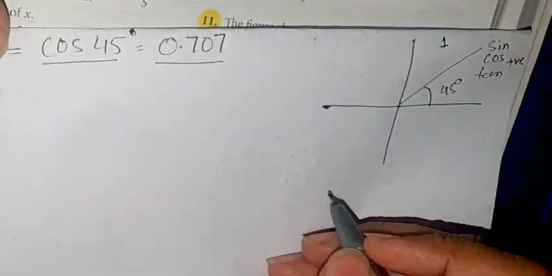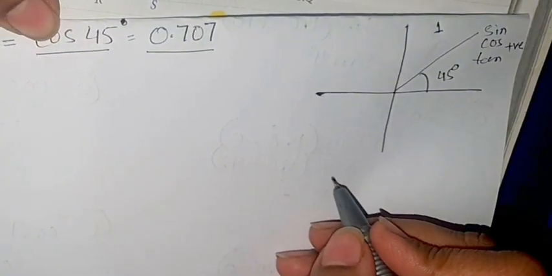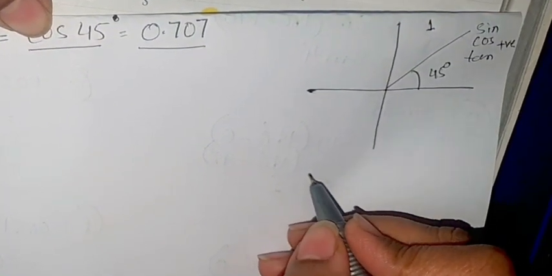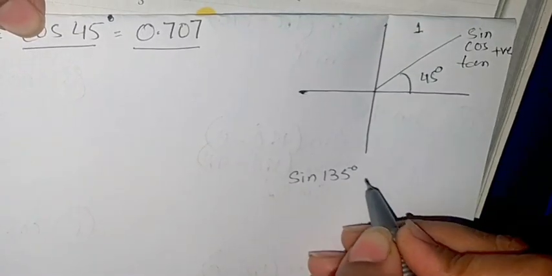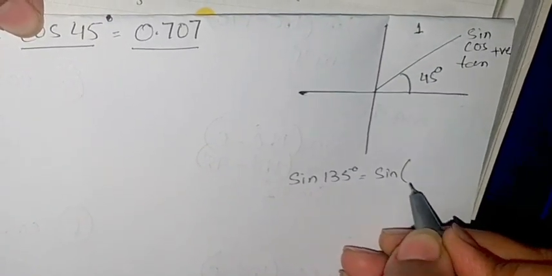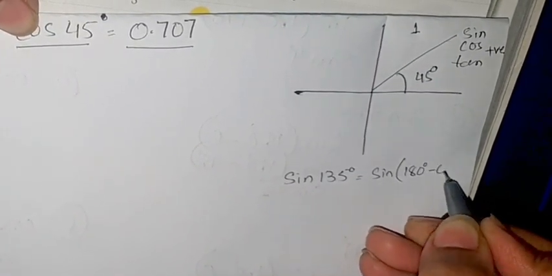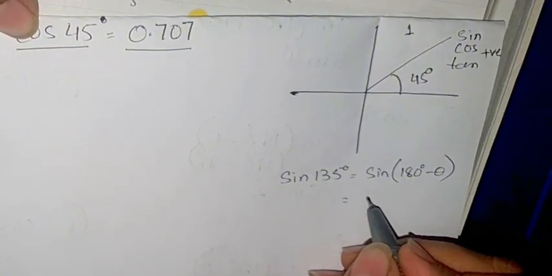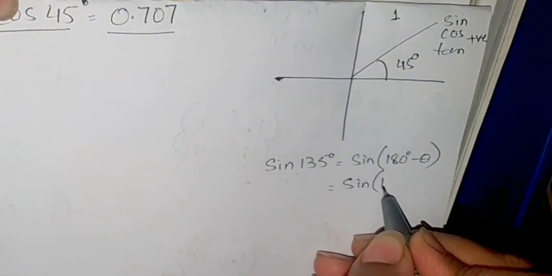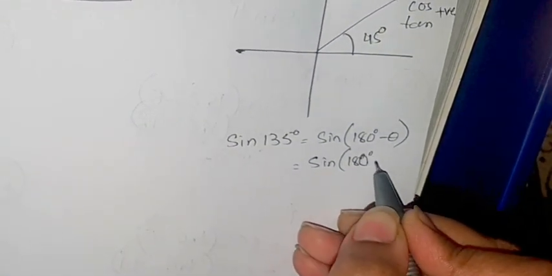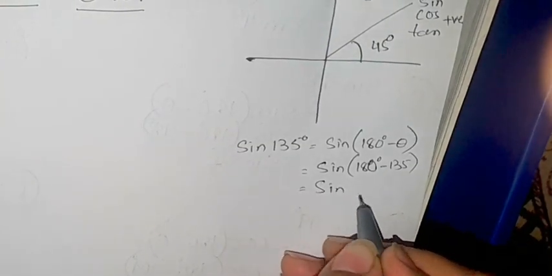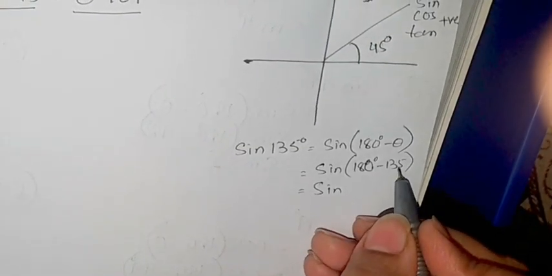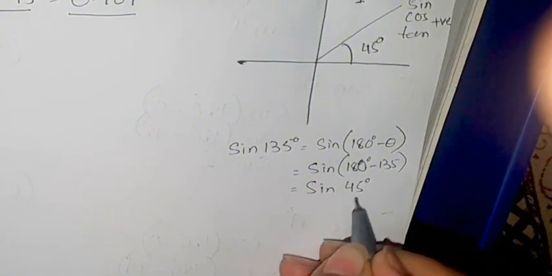First of all we are going to find sine 135. Sine 135 equals sine of 180 degrees minus theta, so sine of 180 minus 135, which equals 45 degrees.